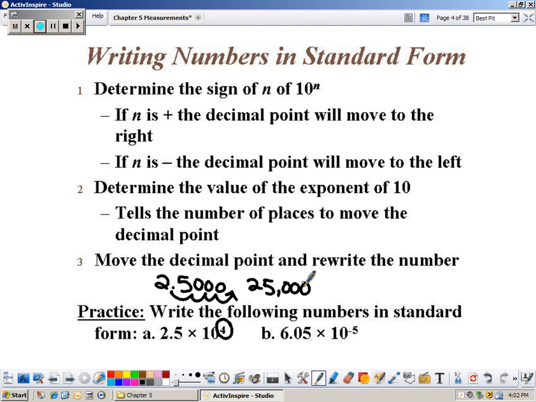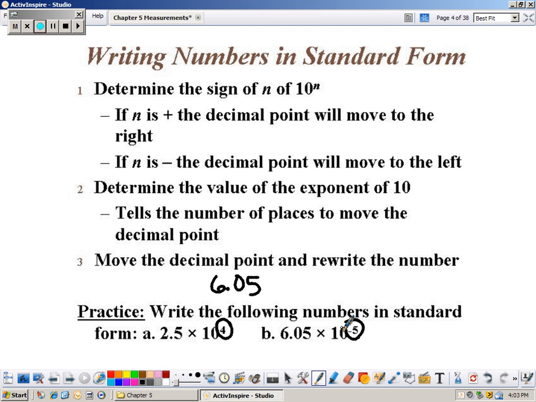All right, so example B. Okay, we'll start, let me erase this. We will start with the number that's between 1 and 10, which is 6.05. All right. Let's look at our n from our exponent. It's negative 5. Okay, so that means our number is going to move 5 places. And because it's negative, if you look at the instructions here, it's going to move to the left 5 places.